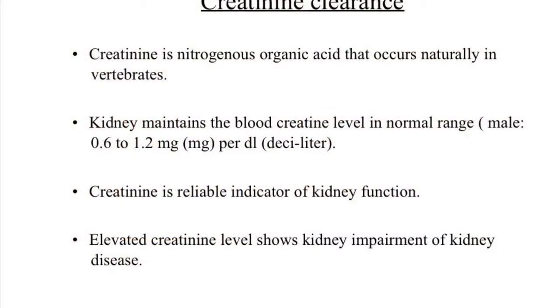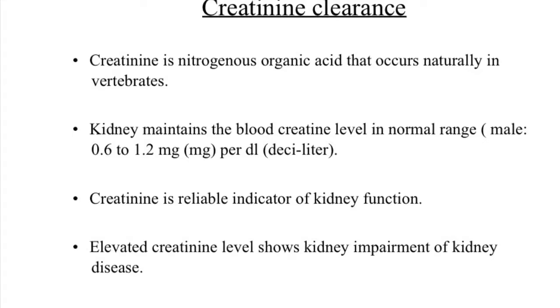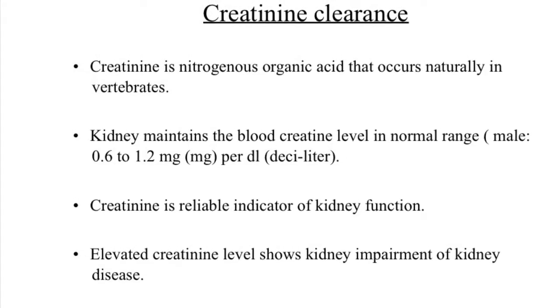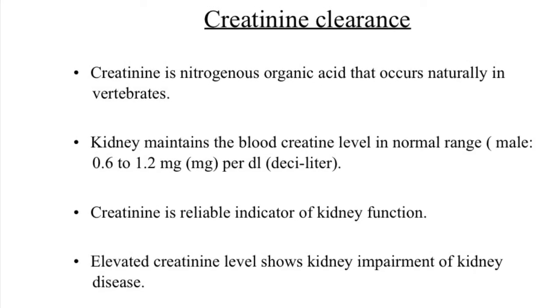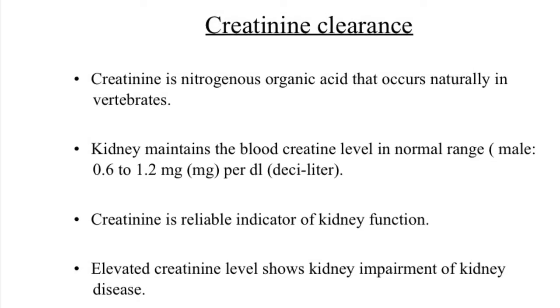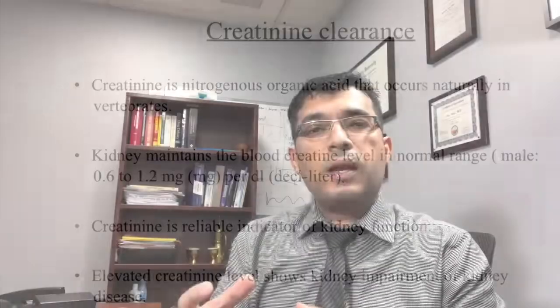Next, we'll talk about the creatinine clearance. Creatinine is a nitrogenous organic acid that occurs naturally in humans and animals. The kidney maintains the blood creatinine level at normal. This is kind of a standard or indicator, because your muscle is continuously producing it and it is getting out through the kidney.